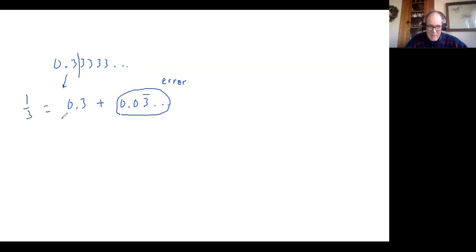Because look, if we subtract the 0.3 from both sides of the equation, we get this same thing again, 1/3 minus 0.3. So then we're asking, how good of an estimator is 0.3 of 1/3? Well, it's this good of an estimator right there. There's our error.